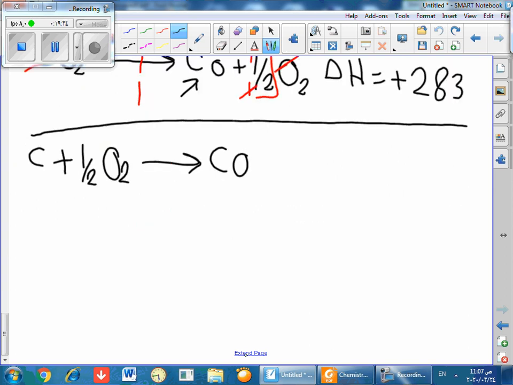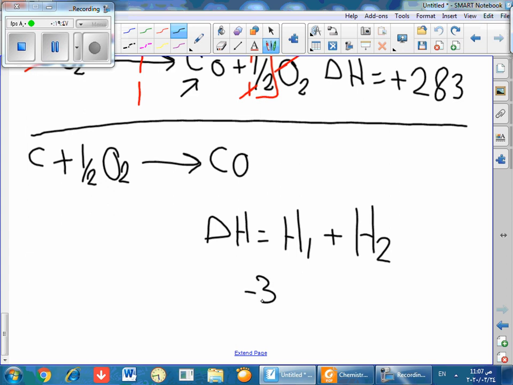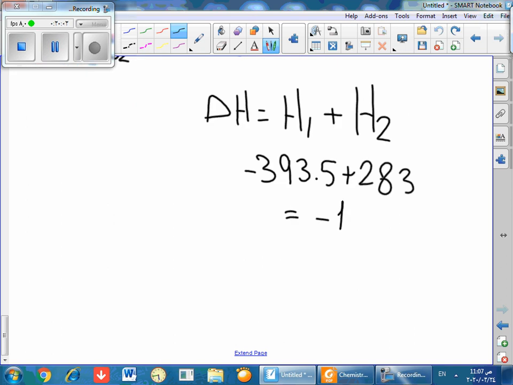Delta H equals H1 plus H2. H1 is negative 393.5 plus 283, so it equals negative 110.5 kilojoule per mole.